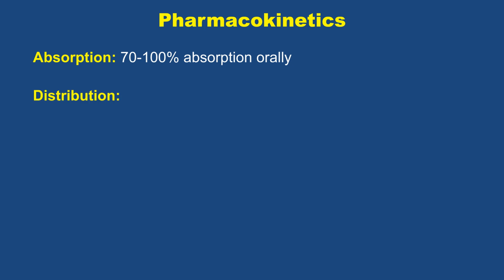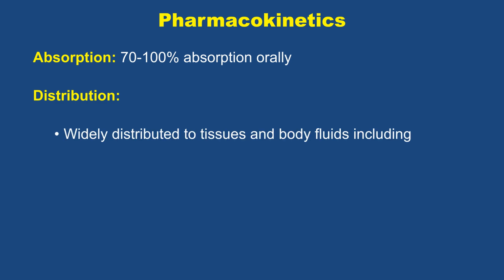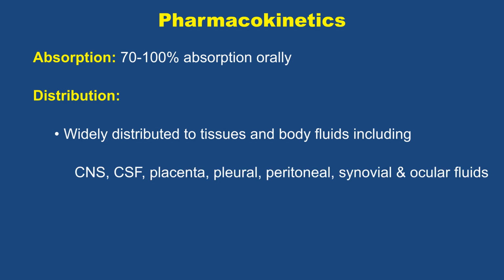Coming to the pharmacokinetic profile, absorption. They are well absorbed orally, 70 to 100% absorption by the oral route. Distribution. They are widely distributed to tissues and different body fluids, including CNS, CSF, placenta, pleural, peritoneal, synovial, and other fluids.